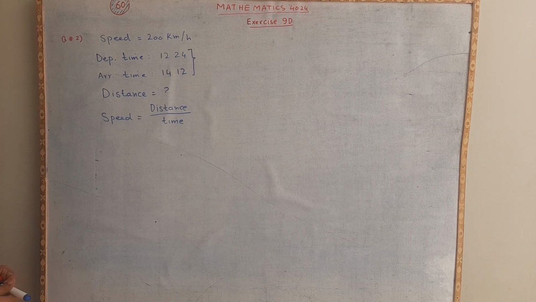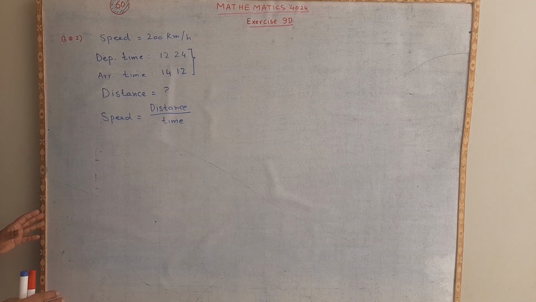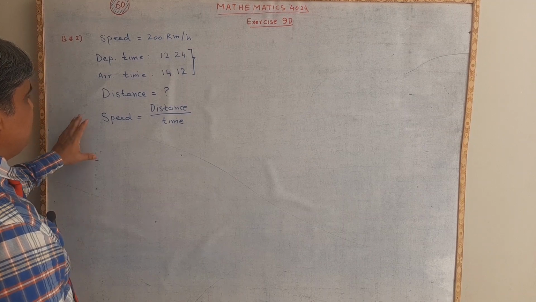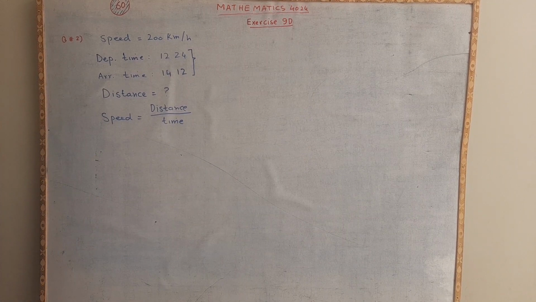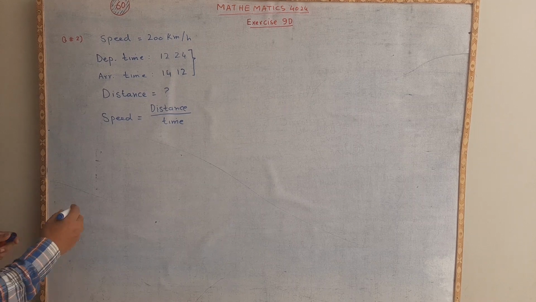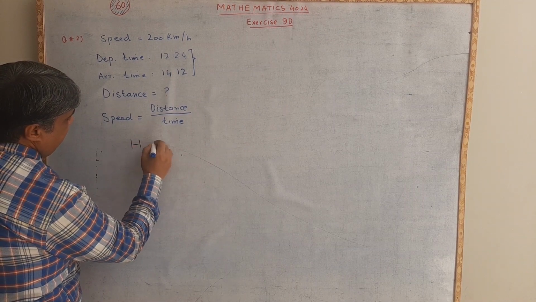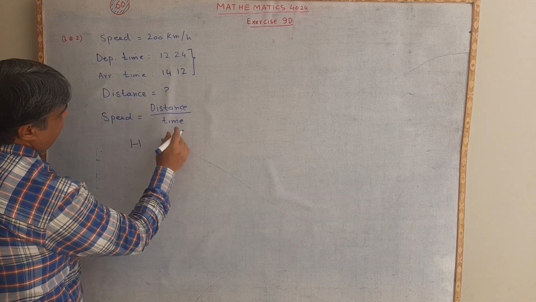And I told you in yesterday's lecture to understand the concept of time calculation because it is closely related to the speed. Now you can see that we will have to find it through the method of hours and minutes.